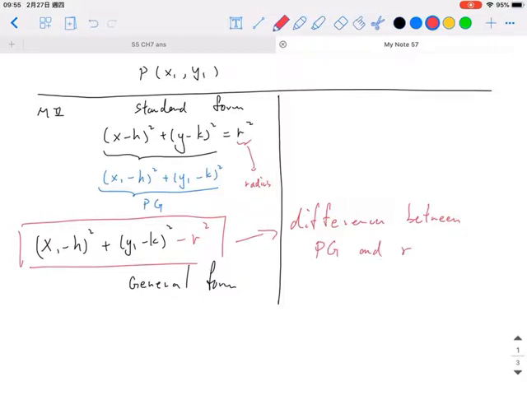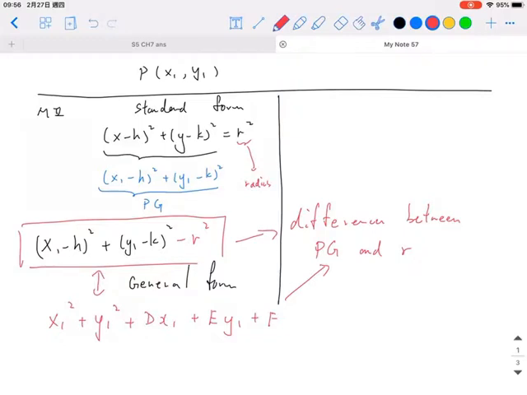So after I expand the brackets, it becomes x1 squared plus y1 squared, plus d x1 plus e y1, and then finally plus f. So this is the same, right?